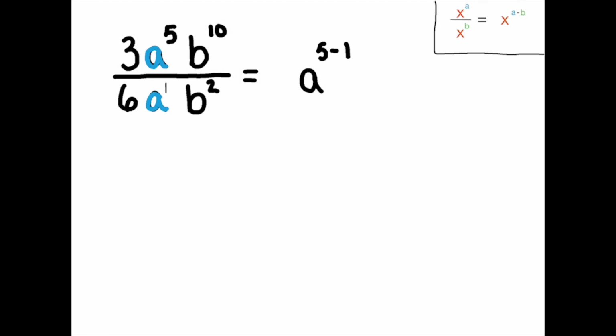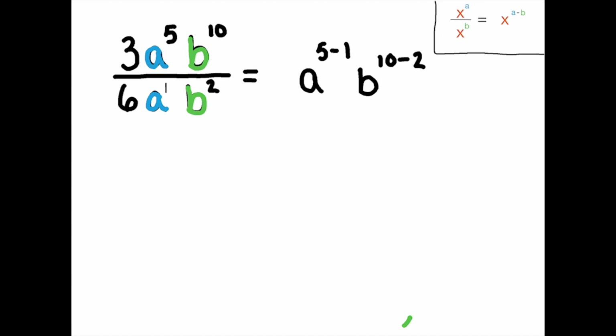And I'm going to look for another set of bases that match. I see these b's. In the numerator is 10, the denominator is 2, so I'm going to do b to the 10 minus 2. And you might be wondering, what do I do with this 3 and this 6? They don't match. They're not matching bases.